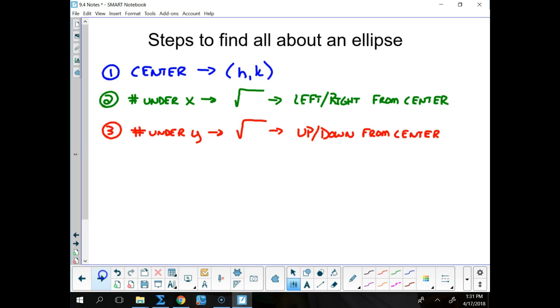One of those is going to be your major axis. The endpoints that you find then of that, those are your vertices. So you could find the vertices next.